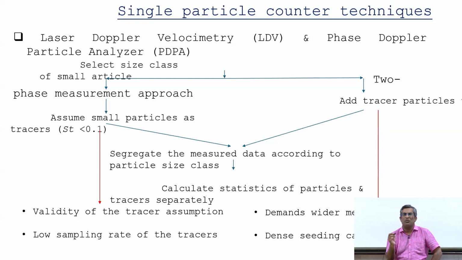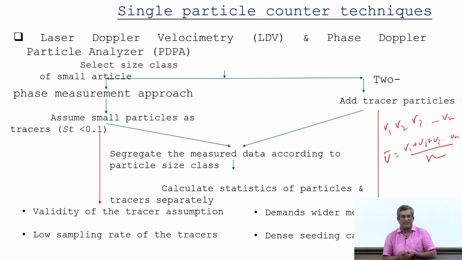So it is like this. Let's say you want to find the velocity of the carrier phase. So you measure the tracer particles, first tracer particle say V1, then V2, V3 and go on, and you go on doing that. And then to calculate the mean velocity, you basically add them up and divide by the total number of samples. So this is the mean.